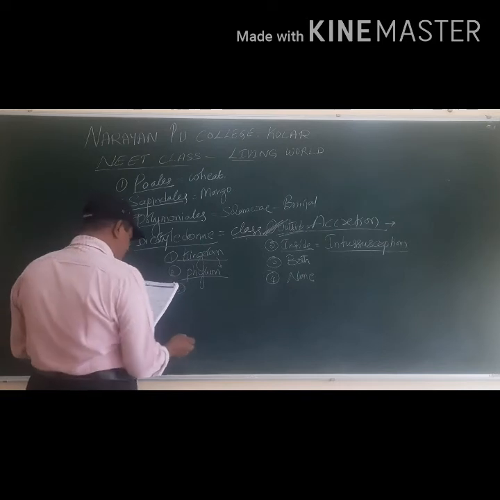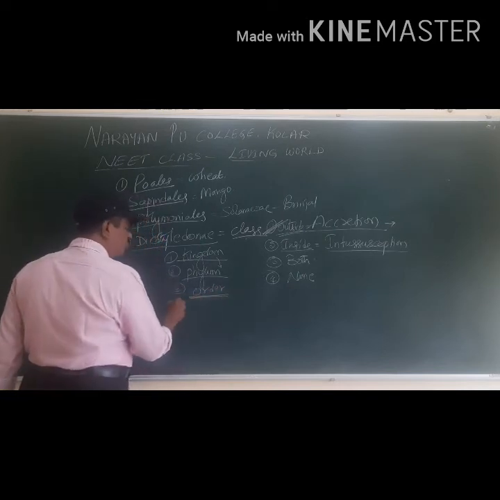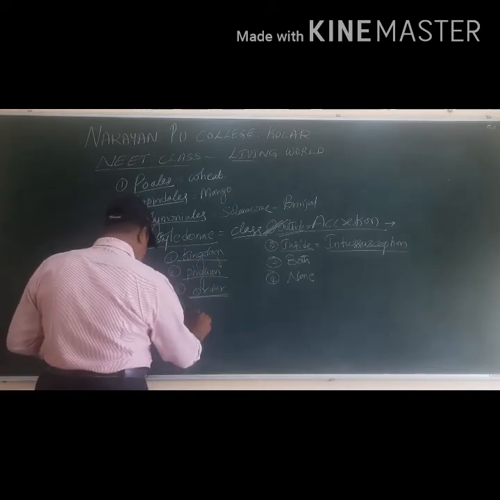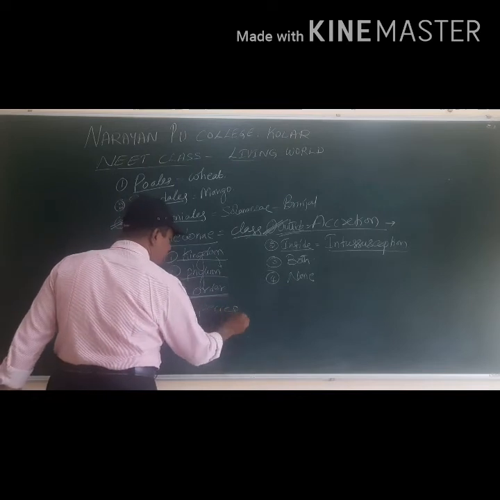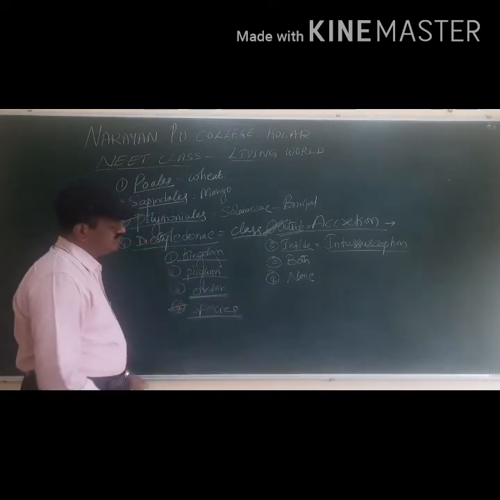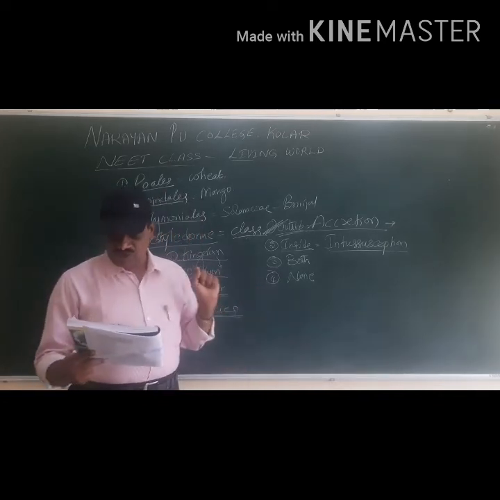And the third option is order. Even in order, more characters are present compared to species. So here species is the lowest rank and it has the least diversity. Hence species is the right option.